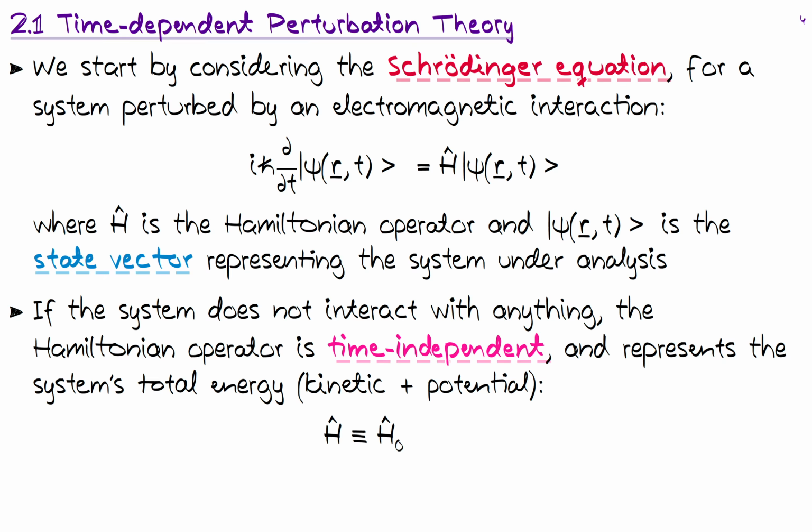Sometimes we use this kind of naught sub-index notation to denote the interaction-free atomic Hamiltonian, and this consists of the kinetic part and then the potential part. Those hats denote that we are speaking of operators, as we often do in quantum mechanics.